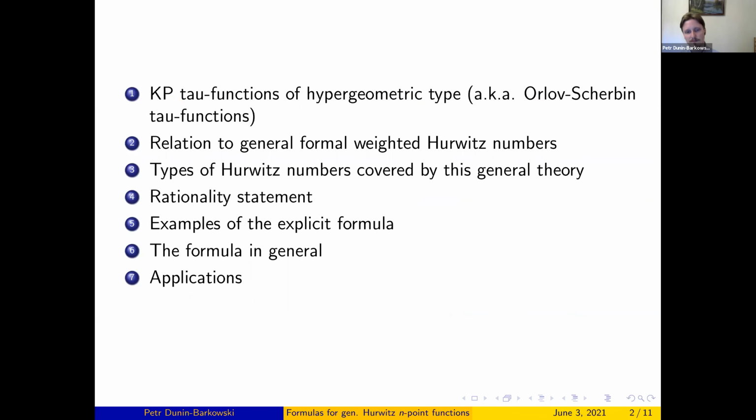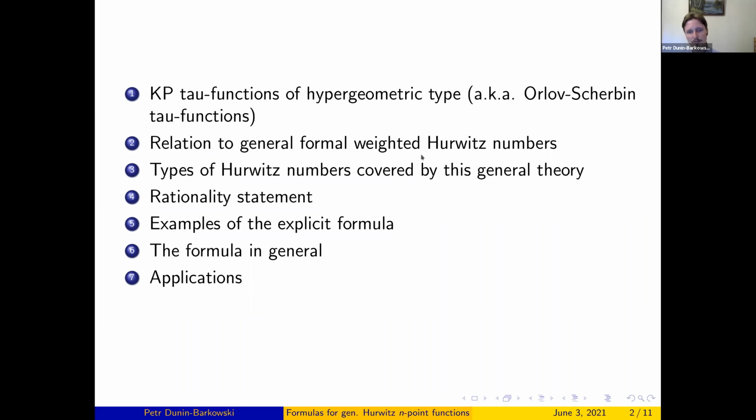So first, let's outline the plan. First of all, I will introduce these KP tau functions of hypergeometric type, which are also known as Orlov-Scherbin tau functions, and how they are related to general formal weighted Hurwitz numbers, and which known and studied types of Hurwitz numbers are encompassed in this general picture.